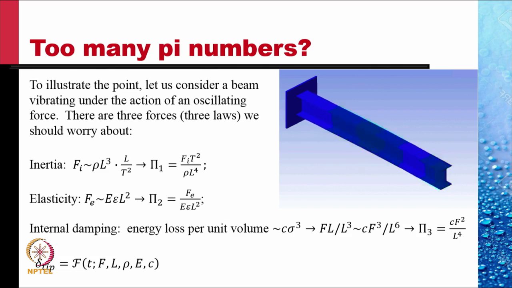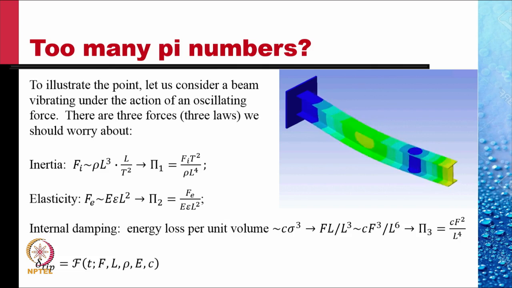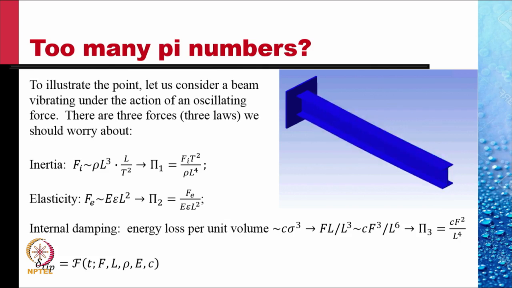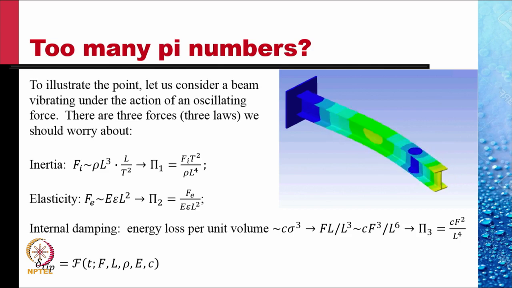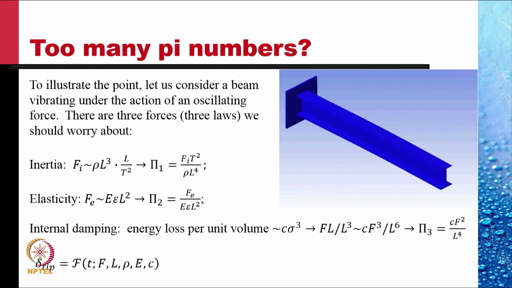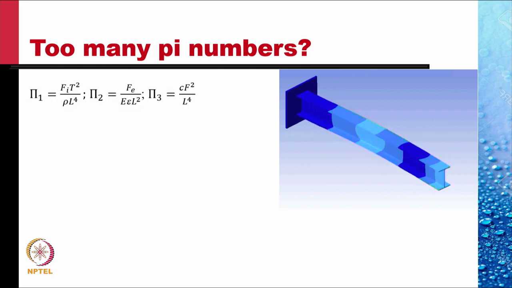The deflection of the tip, or rather the amplitude of the deflection of the tip, is a function of F, L, rho, E, C, and the actual deflection is a function of time, the independent variables, and the independent parameters F, L, rho, E, and C. The three pi numbers that we obtained are these.